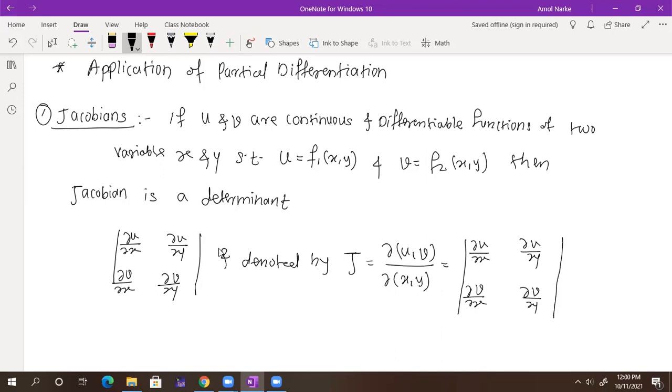Now you know how to find the partial derivatives, that you know already.